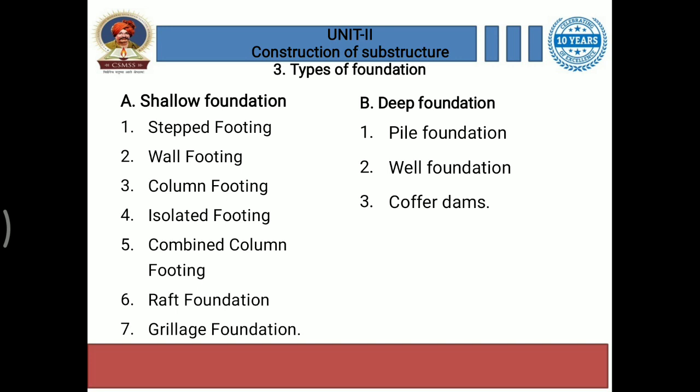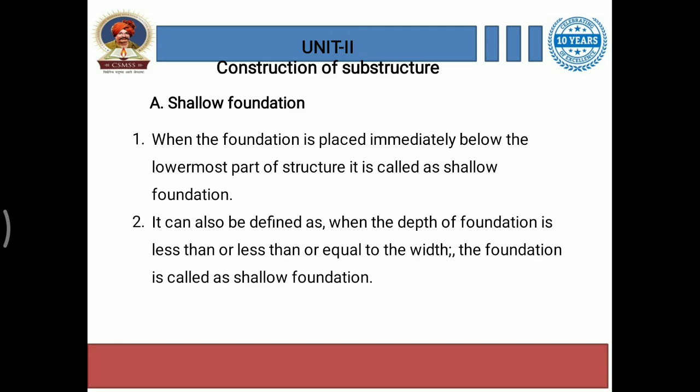If you see the syllabus content video, it includes these types of shallow foundations in this particular sequence, and then there is deep foundation, which includes pile foundation, well foundation, and cofferdams. So let's start with shallow foundation.